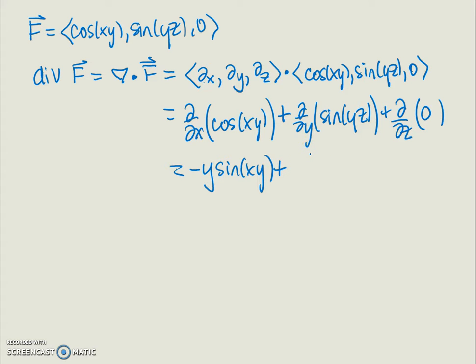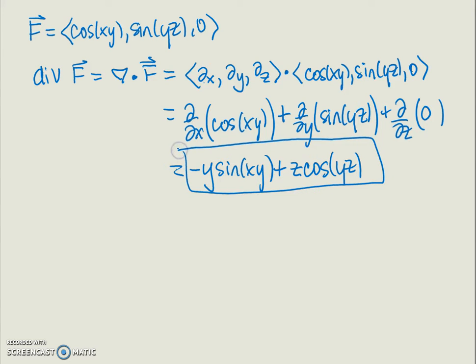Leave the argument alone, but partial derivative inside my sine function with respect to y is going to give me a z. So I'm going to have cosine of yz as my second term. And partial of 0 with respect to z is actually just 0. So the divergence of this vector field is that quantity.